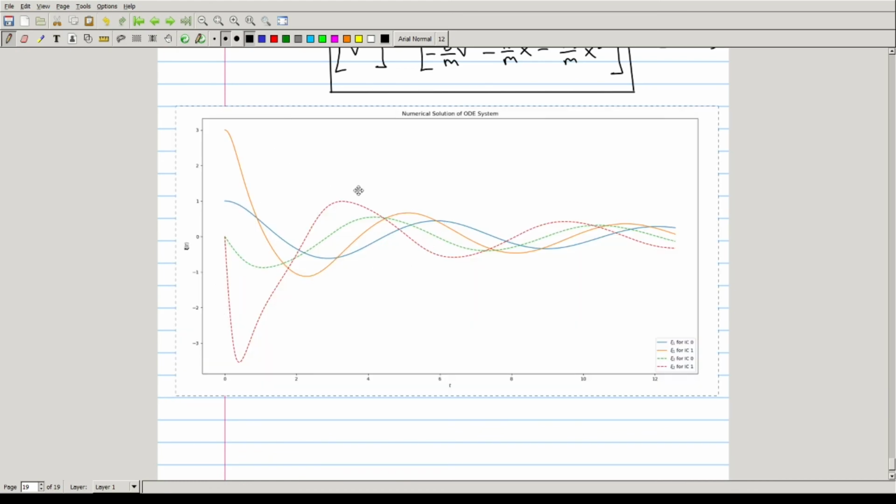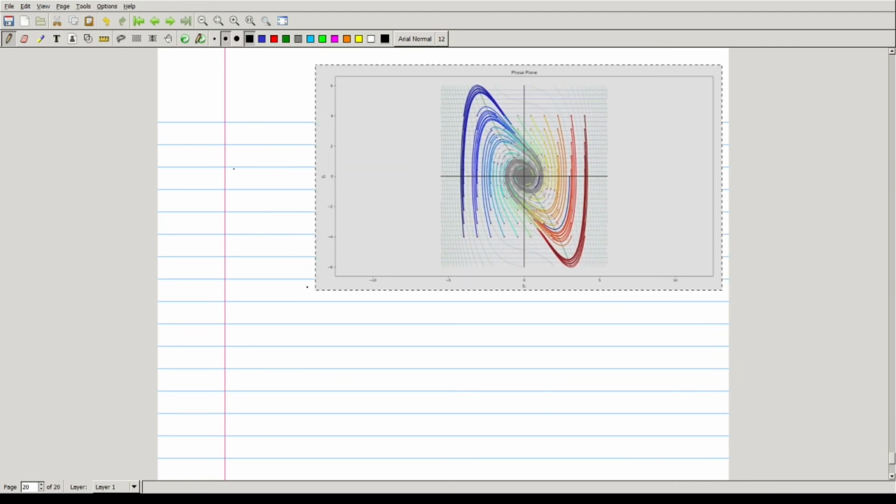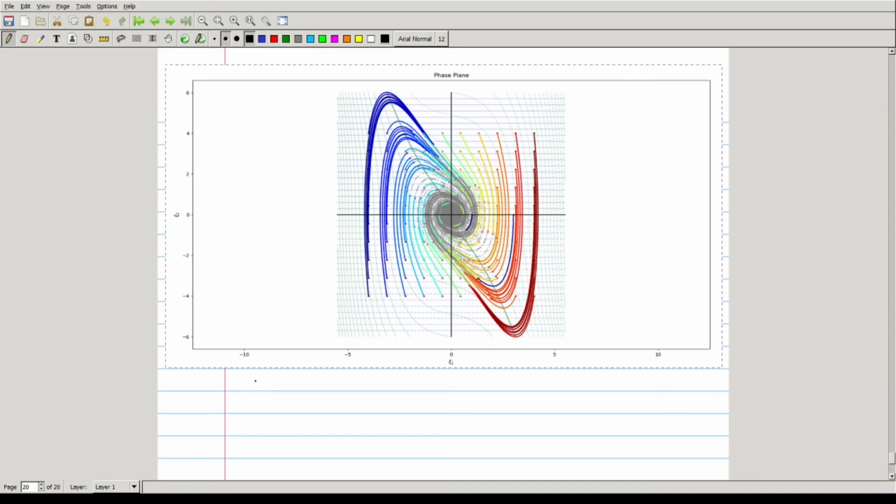And this is what solutions of such a system are going to look like in general for two different initial conditions. And for the phase plane diagram, we again get that there's going to be a critical point at 0, 0, and depending on if this is a hard spring or a soft spring, we'll get characteristically different results.